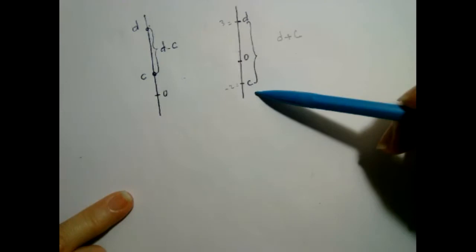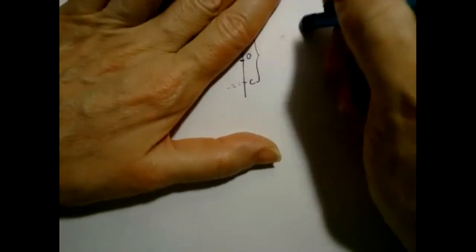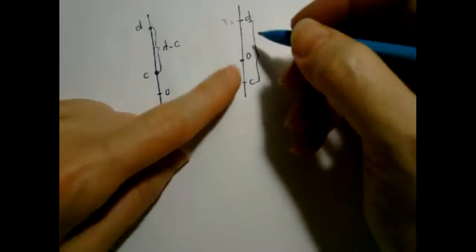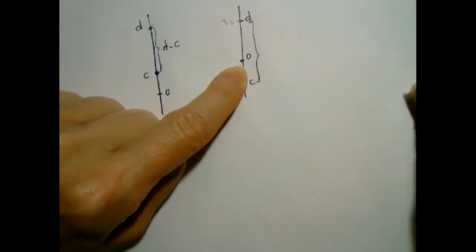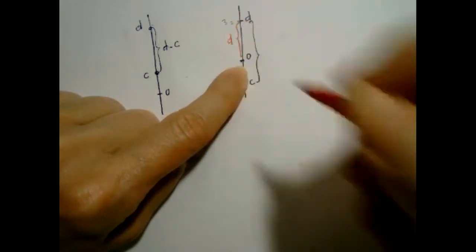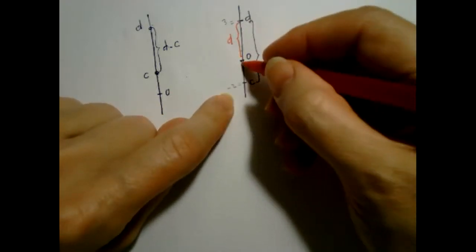So it's still D minus C, and let us see why. My idea is to show that regardless of how the points are located, it is D minus C. From here to here, it's a D. I will write this in red. Correct? That's a D. What's the length from here to here?